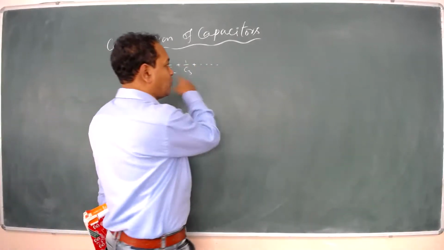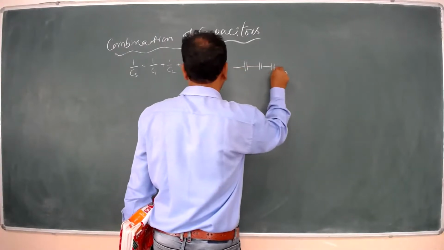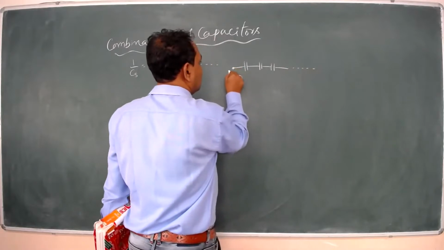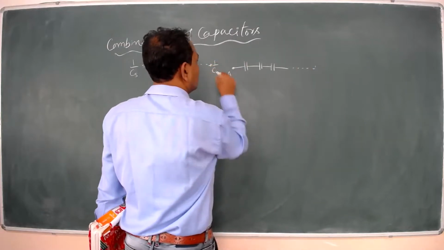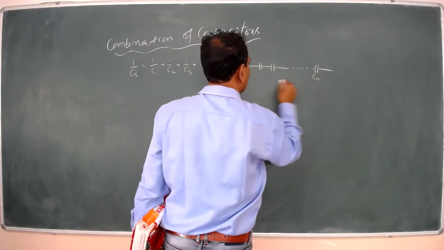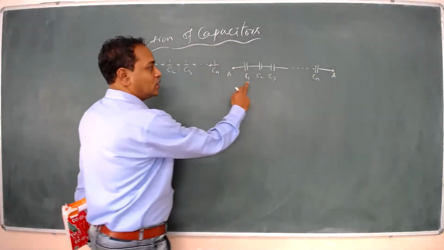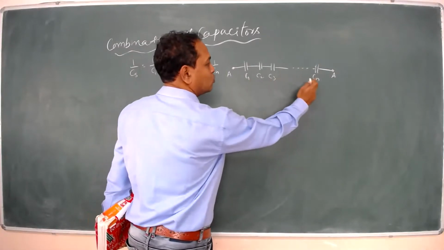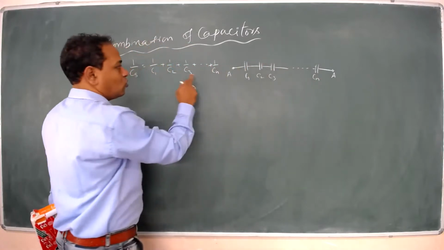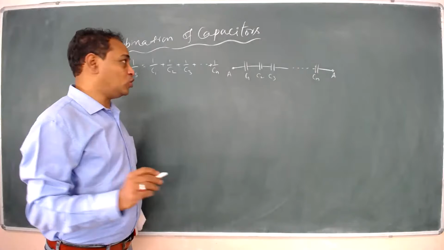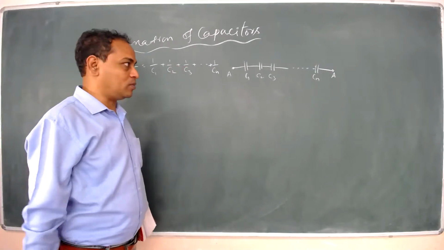That means if these capacitors are connected like this, if n capacitors C1, C2, C3 and so on up to Cn are connected in series, then the effective capacitance is given by this formula. We have learned this.